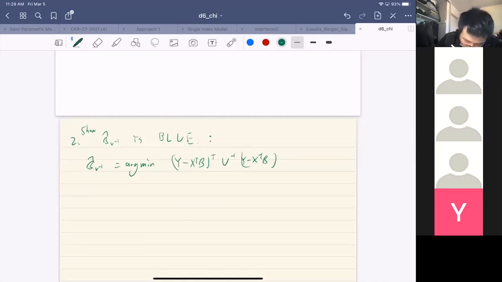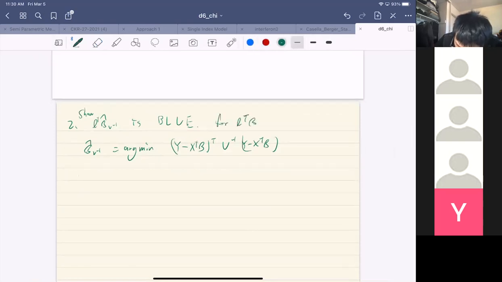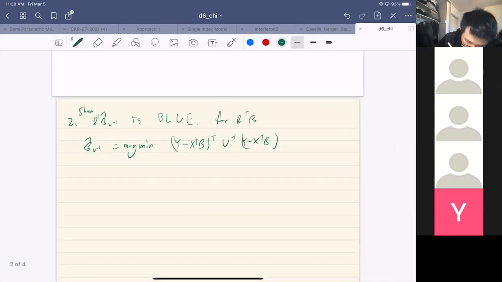So for any, if given, and we want to show that, proof: given any unbiased estimator, so C transpose Y is unbiased for L transpose beta.